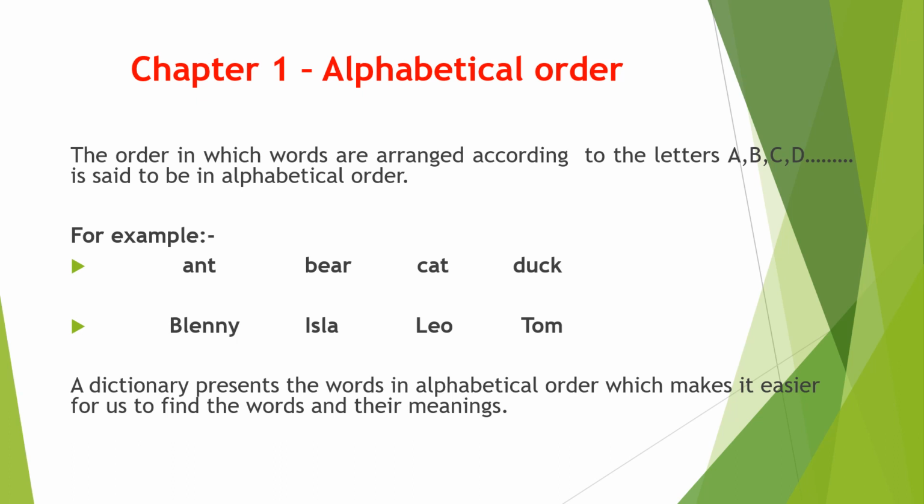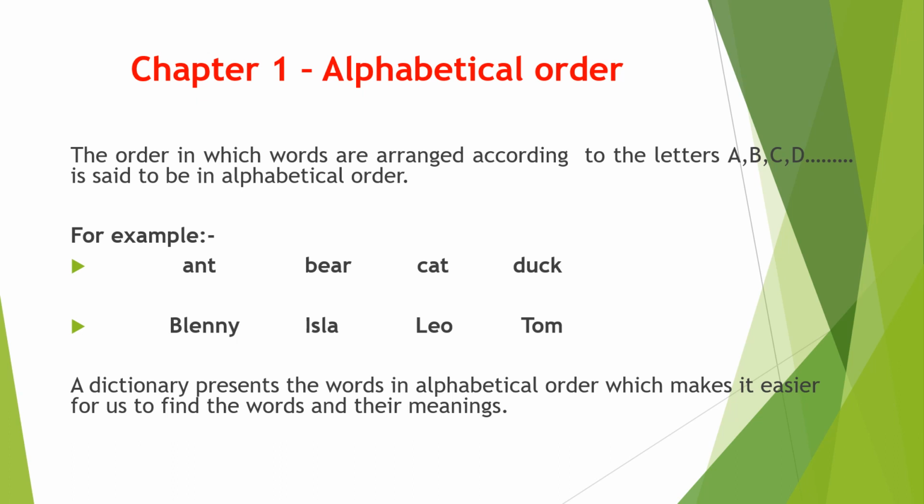In the first example, the words ant, bear, cat, and duck are written in alphabetical order. In the second example, which has the words Blaney, Isla, Leo, and Tom, these words are also written in alphabetical order as letter B comes first, after letter B comes I, and after I comes L and then T.